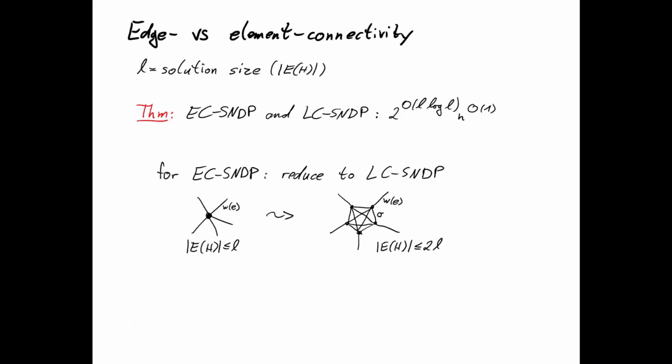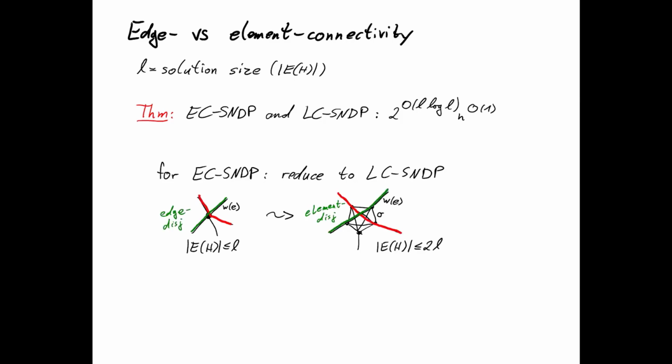For this, the first thing that we do is reduce the edge connectivity version to the element connectivity version. And this is actually quite easy. If you have any non-terminal, you just replace it by a clique for which all the edges have weight 0. The size of the clique should be the degree of the previous vertex, and then you connect the edges that were connected to that vertex to one of the vertices of the clique each.